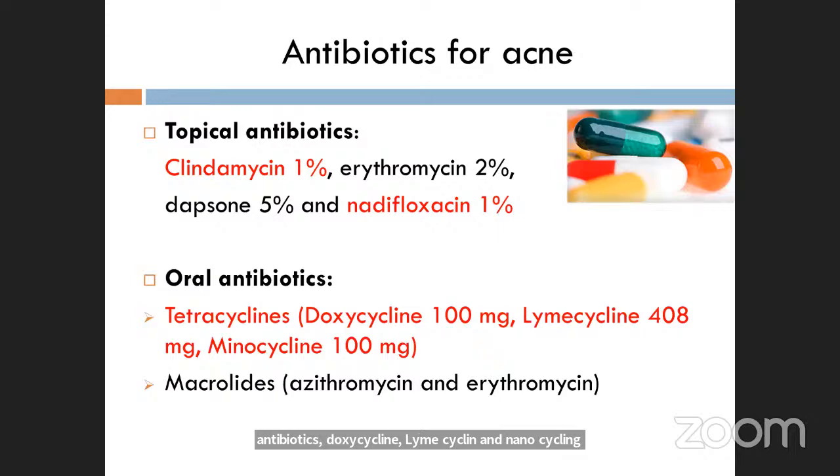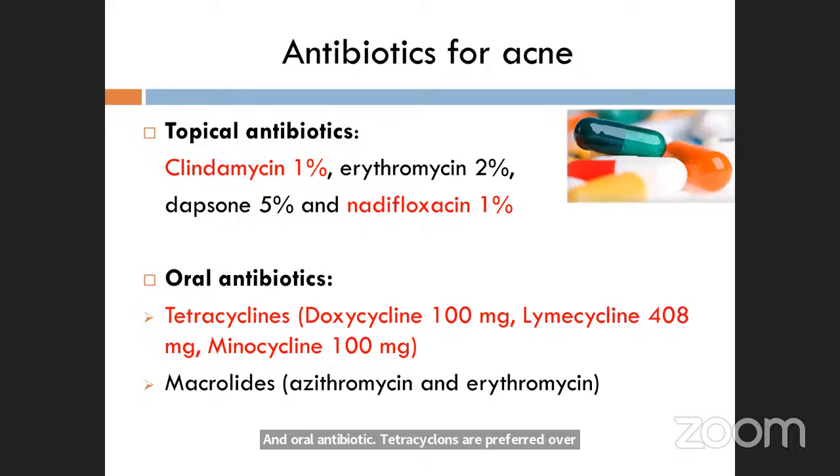Now, in your topical antibiotics, personally speaking, I feel nadifloxacin works better than clindamycin, and that works better than erythromycin. So my go-to antibiotic is nadifloxacin as far as topical antibiotics are concerned. And among oral antibiotics, tetracyclines are preferred over macrolides.